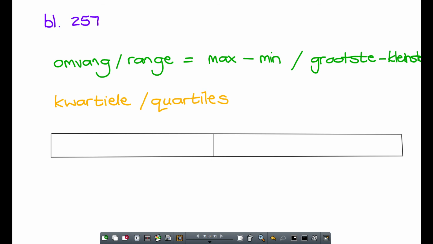Okay. Ek gee nou net gou vir jou 'n voorbeeld, né? Because I want to explain to you guys what quartiles are. You can have 11 blocks and then fill in.